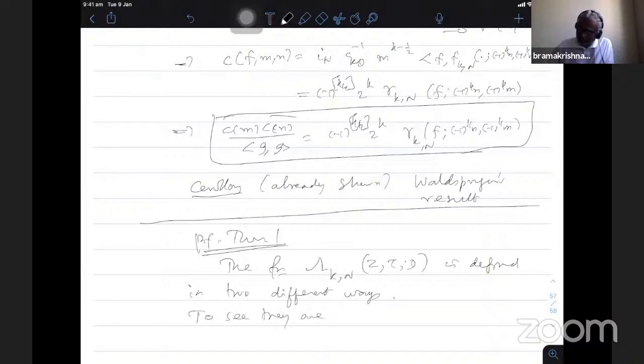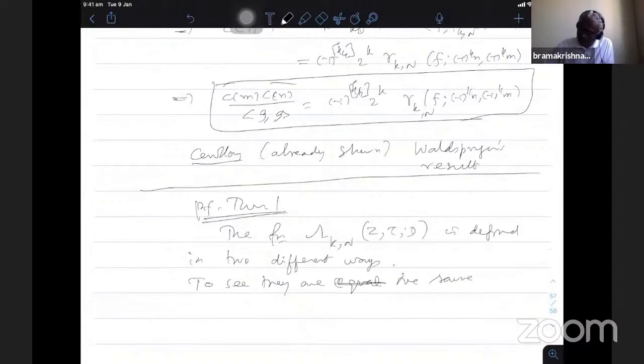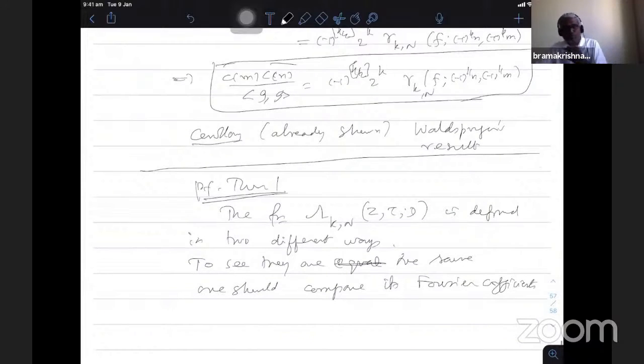To see that they are the same, one should compare its Fourier coefficients, because I defined it in two different ways. You compute the Fourier coefficient in one way, compute the coefficient in another way, and just compare the Fourier coefficients with respect to z and tau together.